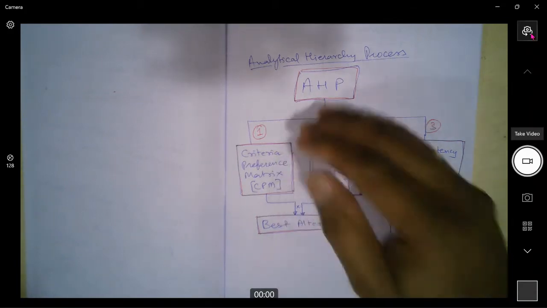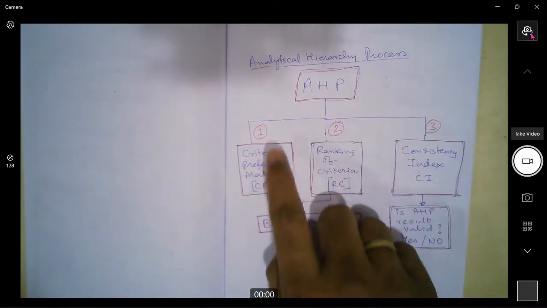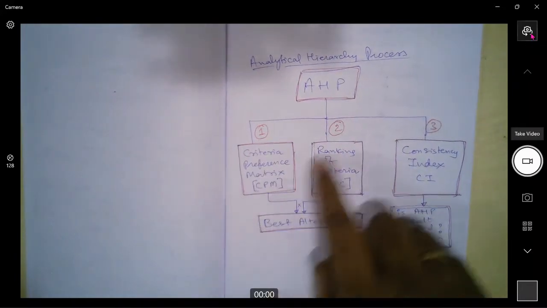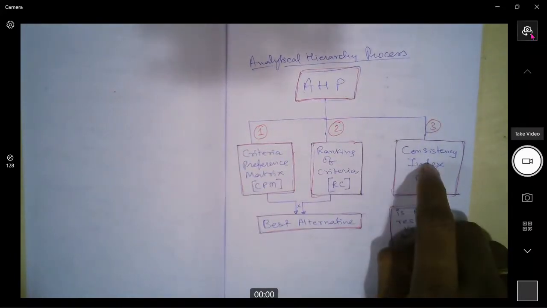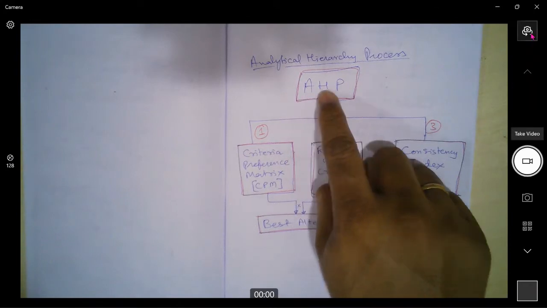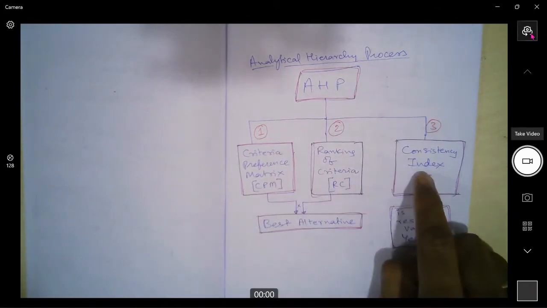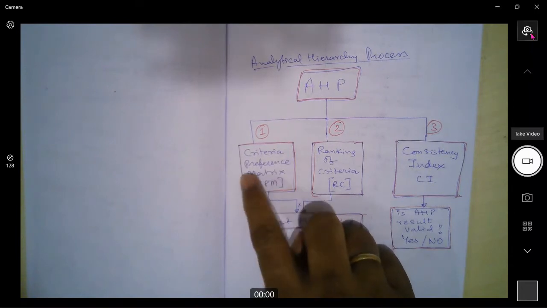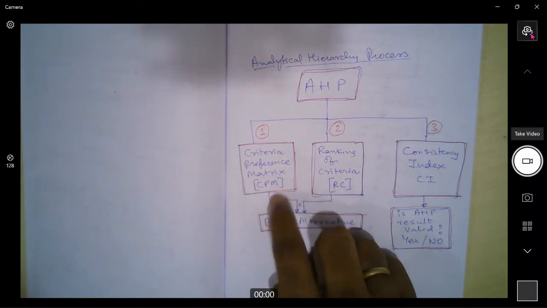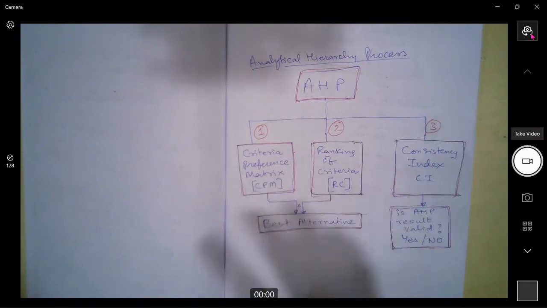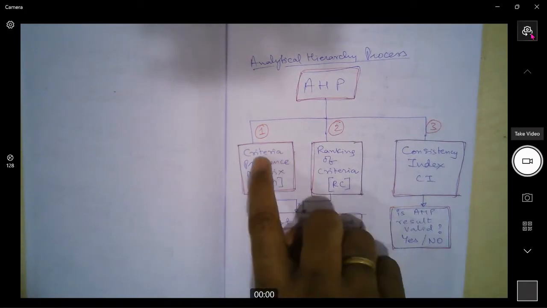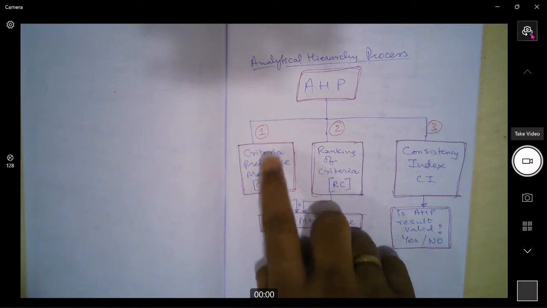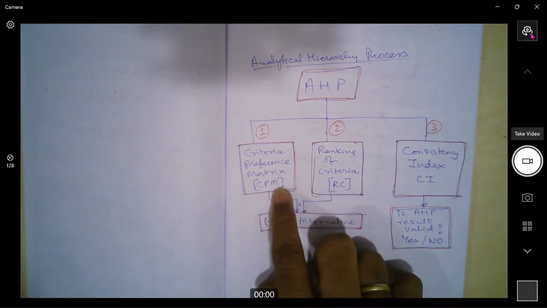See, the AHP process. It's a process, right? Process has three things, or we can say sub processes. In order to complete this analytical hierarchical process, you need three sub processes. The first one is to create what is called a criteria preference matrix. Using the input data, you have to do some mathematical manipulations and calculate the CPM, criteria preference matrix.